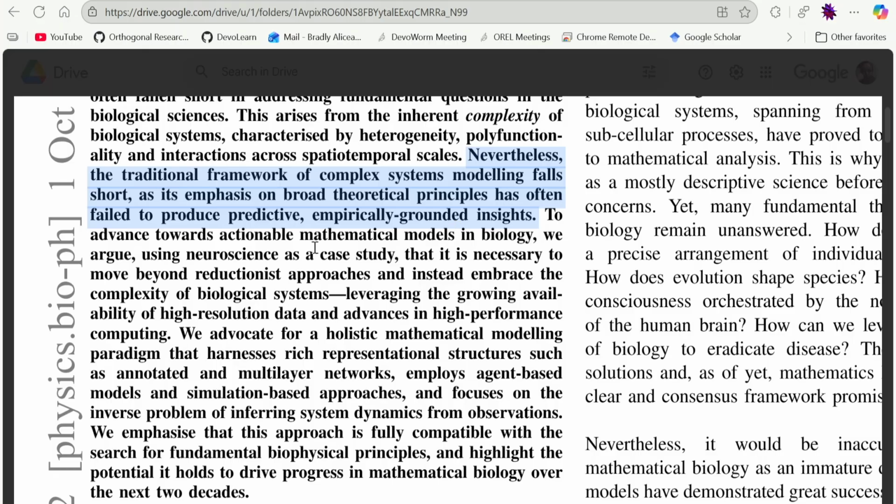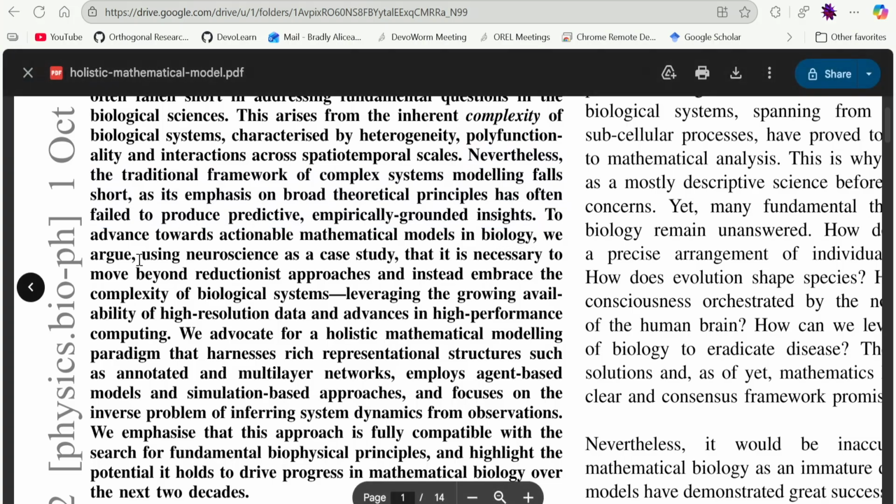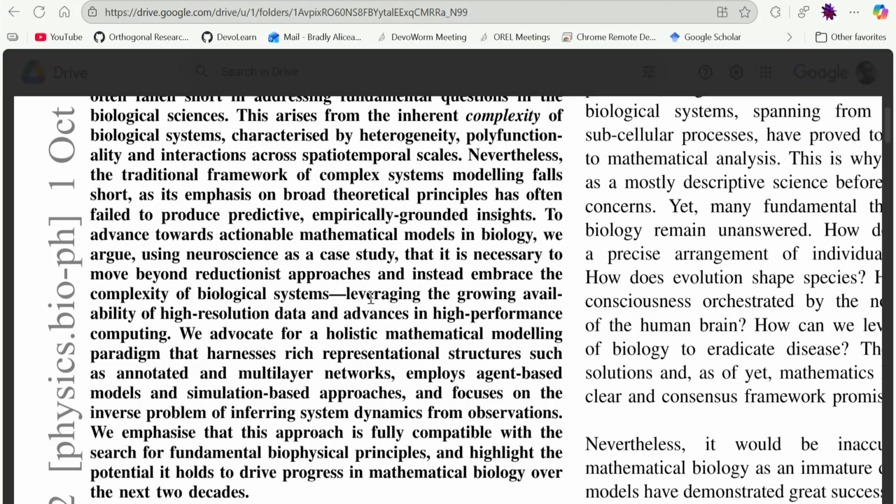To advance towards actionable mathematical models in biology, we argue, using neuroscience as a case study, that it is necessary to move beyond reductionist approaches and instead embrace the complexity of biological systems, leveraging the growing availability of high-resolution data and advances in high-performance computing.